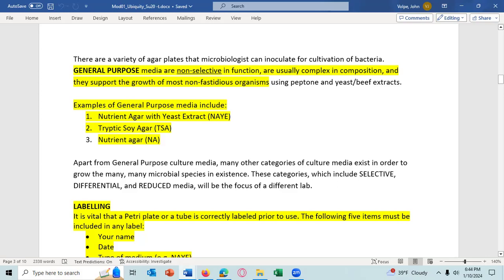Some examples of a general purpose media include nutrient agar with yeast extract, abbreviated NA, tryptic soy agar, abbreviated TSA, and then nutrient agar, abbreviated NA. These two are the same. It's just that this has yeast extract added, so this one's a little richer than nutrient agar.